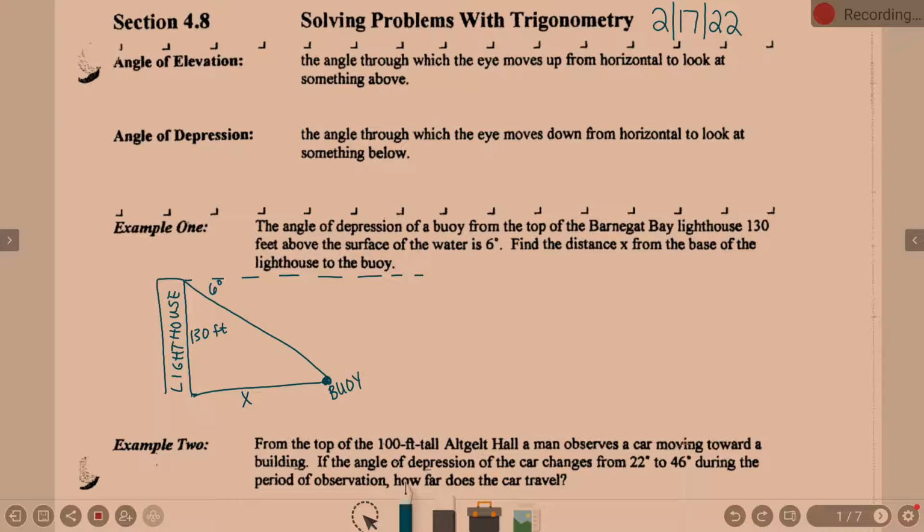Now, what did I end up drawing? A triangle, yes? Specifically what type of triangle? A right triangle, which is what you're going to see in these pictures. SOHCAHTOA works with right triangles. We're trying to find x.